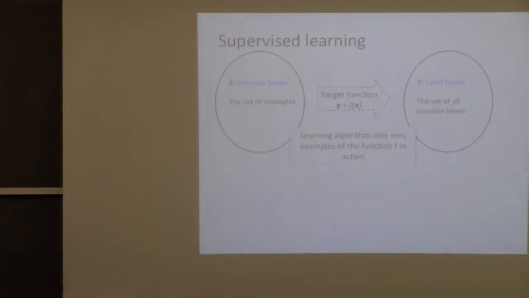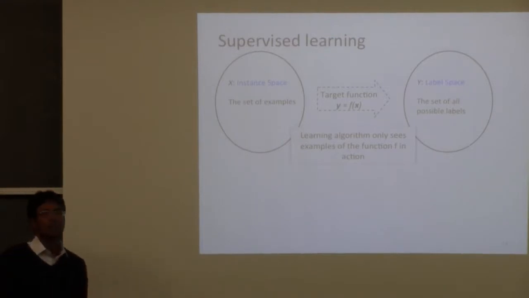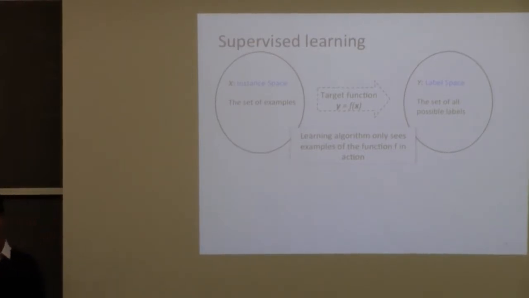Supervised learning is a subcategory of this class of problems. In supervised learning, the learning algorithm is effectively the algorithm that searches over the space of functions. It sees examples of that function being applied.